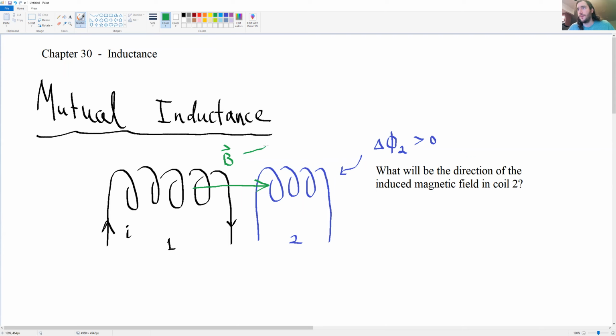Let me remind us that this magnetic field here is increasing. You can put your answer in chat when you get it.